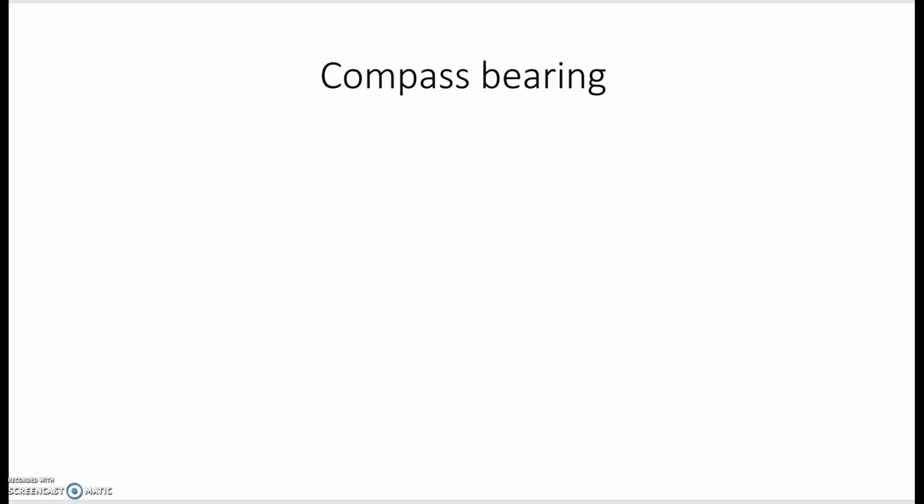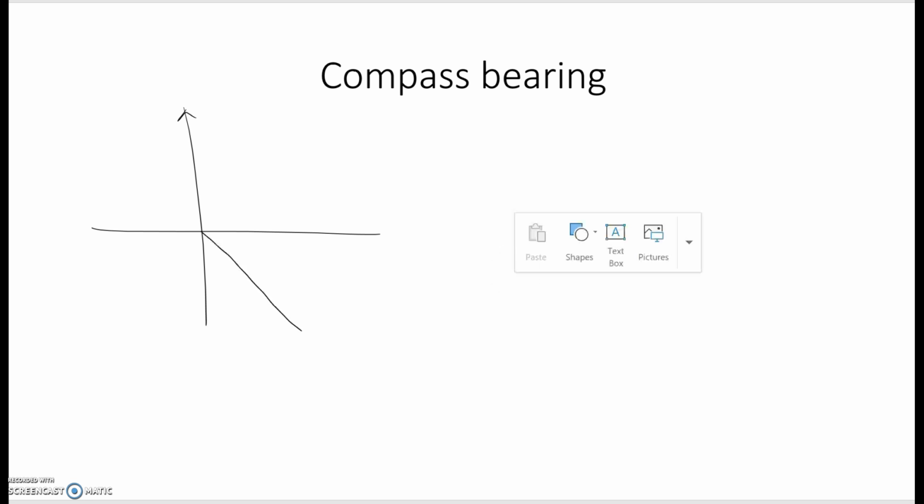If we were going to talk about a compass bearing, as the military may talk about, then we'd have our bearings from north. So the same information as on the previous slide, where it's 32 degrees south of east, we would draw this. So there's my 32 degrees in there, but now I'm going to draw it from there, and I would say that that was 122 degrees.